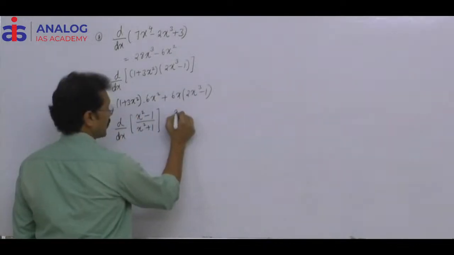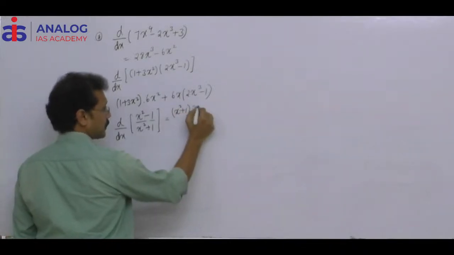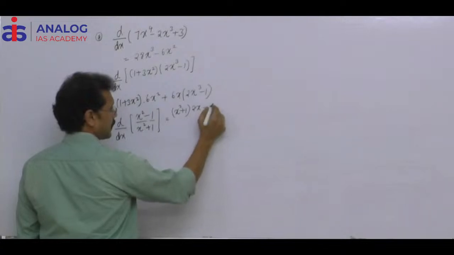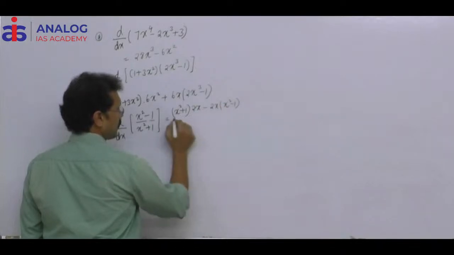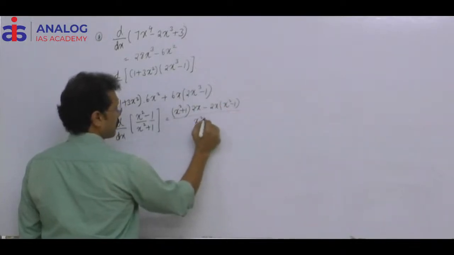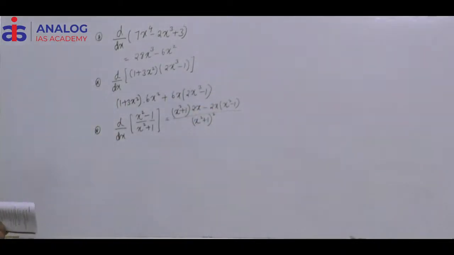So x square plus 1 into differentiation of the numerator 2x, minus differentiation of this, 2x, into x square minus 1, by x square plus 1 whole square, and whatever it comes out to be. You can do that. Standard formulae, anyway you are given all these formulae.